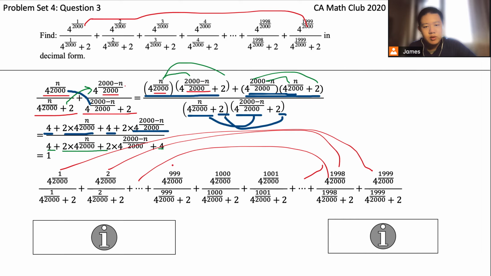And 999 pairs with 1001, which leaves something in the middle with nothing to pair with.